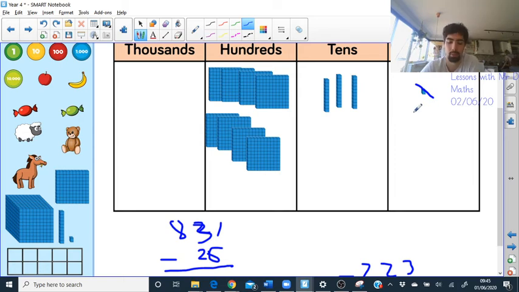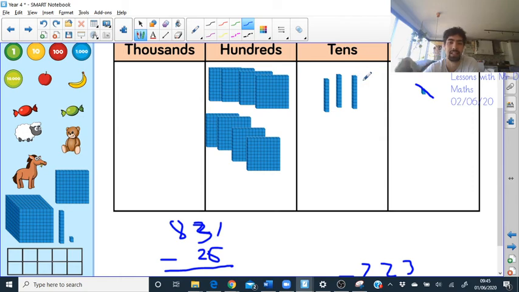Not a problem. What we can do is something called regrouping. So I have an abundance of tens in my tens column. So what I can do with these 10 is rename it.